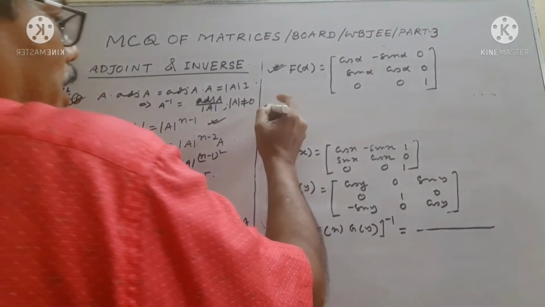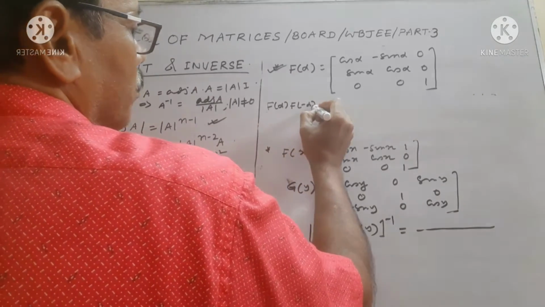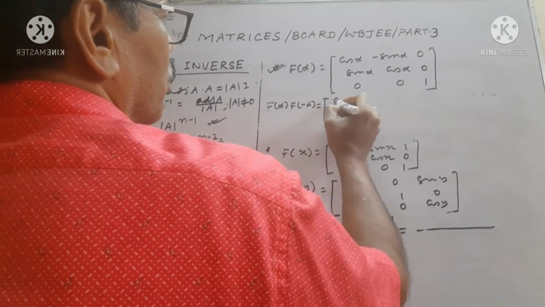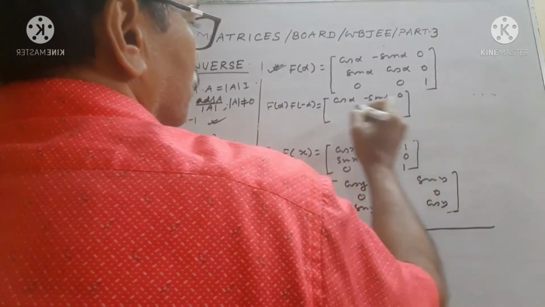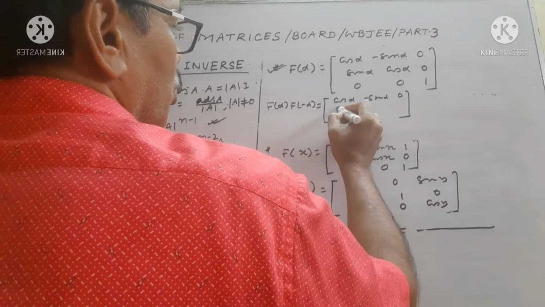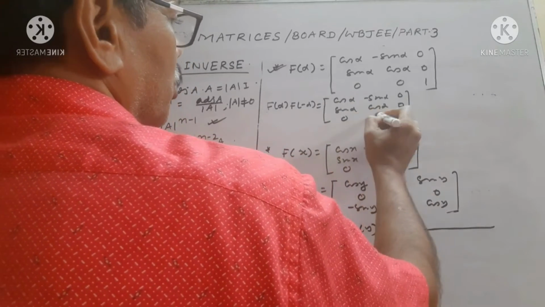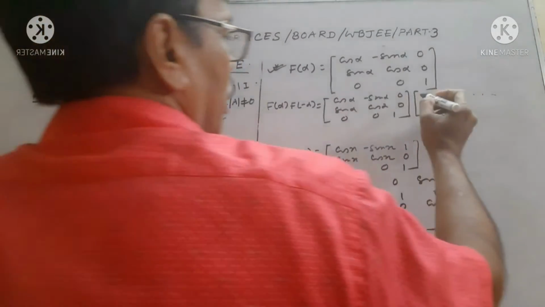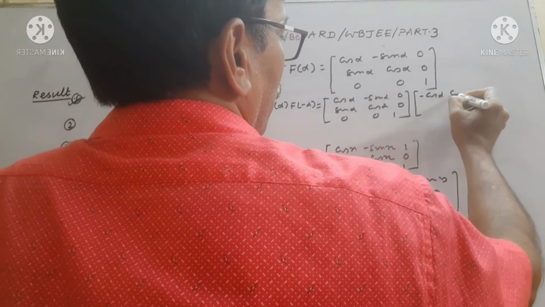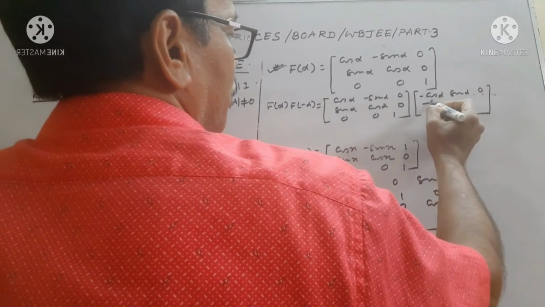So F alpha into F of minus alpha equals the matrix cos alpha, minus sin alpha, 0; sin alpha, cos alpha, 0; 0, 0, 1. And what is F of minus alpha?